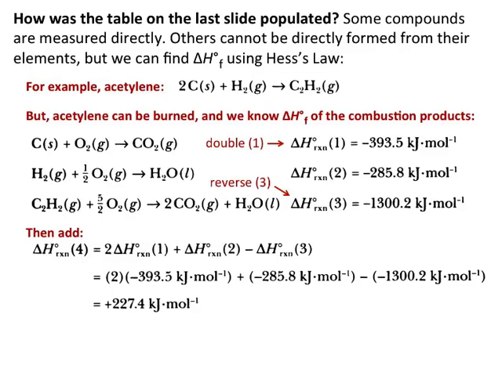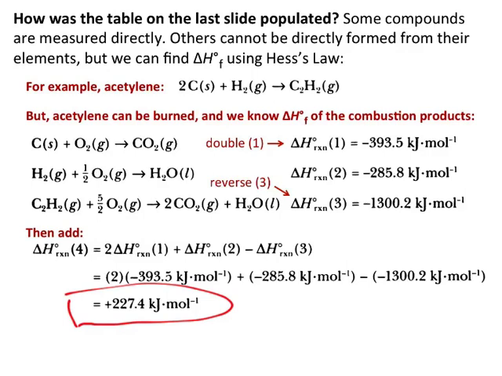That means the overall enthalpy change for reaction 4, which is this reaction up here, is equal to reaction 1 doubled, reaction 2, and then the opposite of reaction 3 because you reversed it. You can do the math, and you get this value for the enthalpy change for reaction 4.